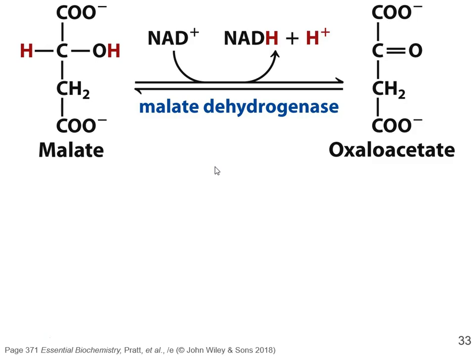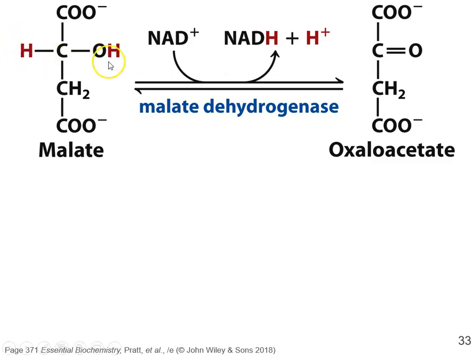All right, we've finally gotten to the end. Malate is converted to oxaloacetate in the malate dehydrogenase reaction. If you look at this carbon right here, this carbon has one bond to hydrogen, one bond to oxygen. And if you look over here, we have two bonds to oxygen, so the malate is oxidized to oxaloacetate.